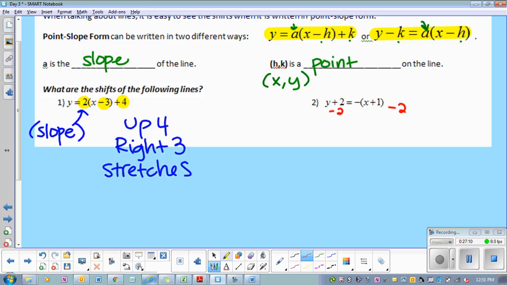So then this becomes y equals negative x plus 1 minus 2. Okay? Down 2. Yeah. All right. So then this, this, and this. What are some of the transformations? Down 2.